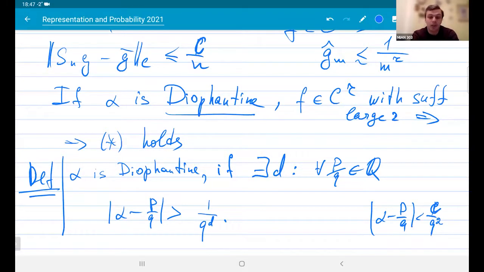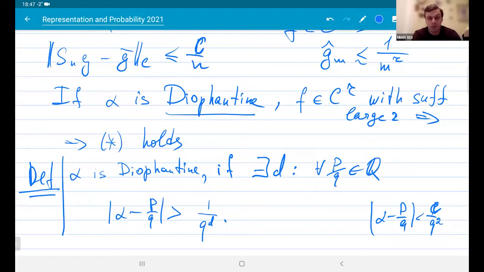Well, but maybe your number alpha cannot be approximated much better. And in fact, this is in some sense the natural situation. So for example, almost all numbers on the line, almost all with respect to, say, Lebesgue measure, are Diophantine.